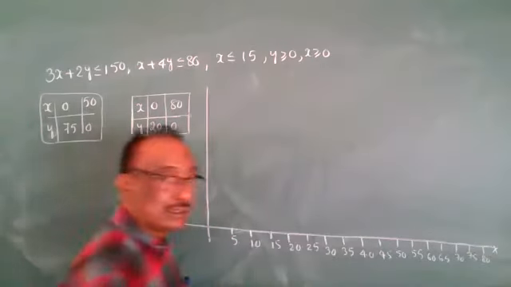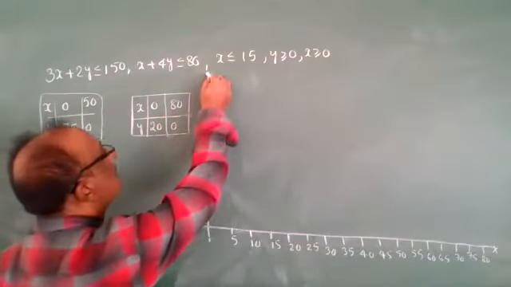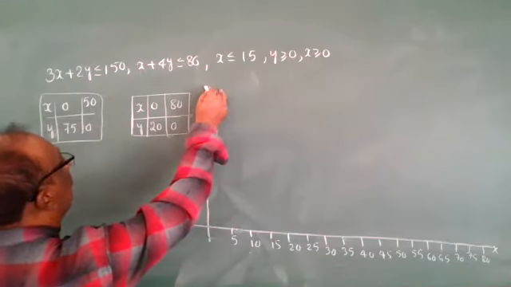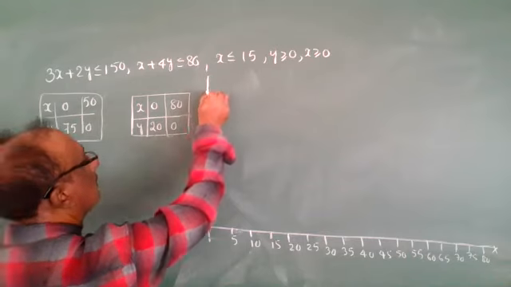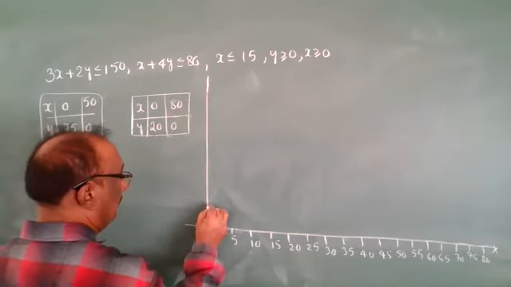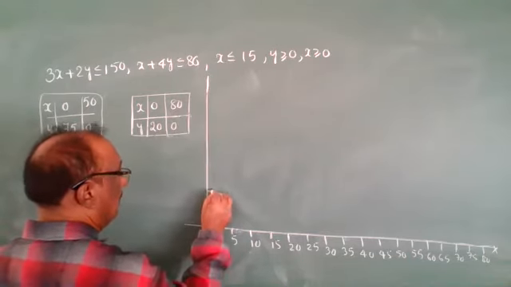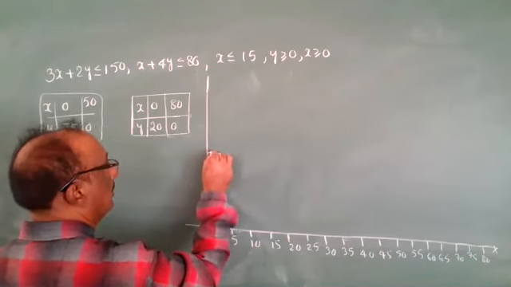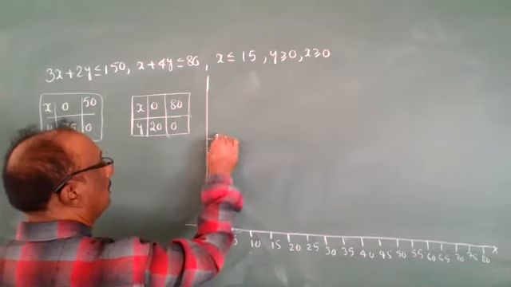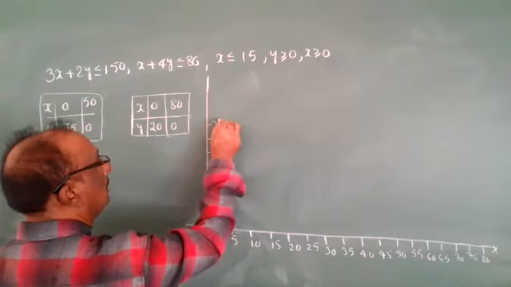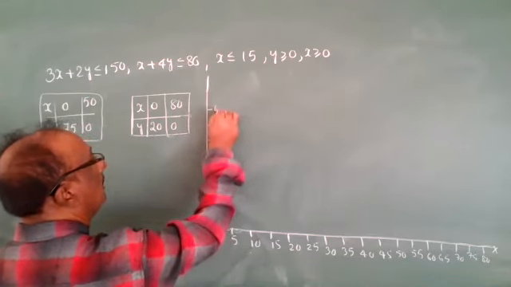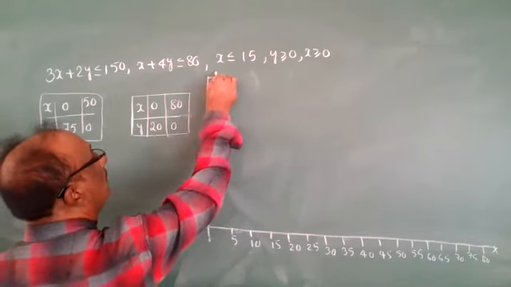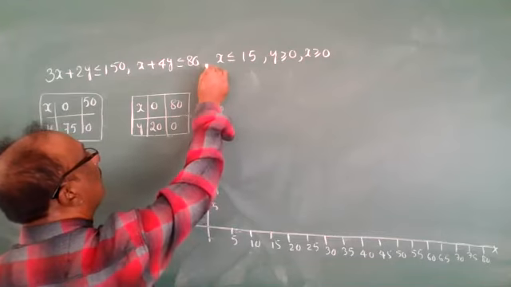This is the x-axis. The y-axis, how many? The y-axis is up to 50. 5, 10, 15, 20, 25, 30, 35, 40, 45, 50. Okay, y-axis up to 50.